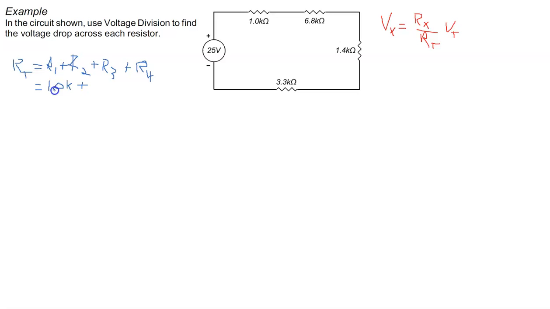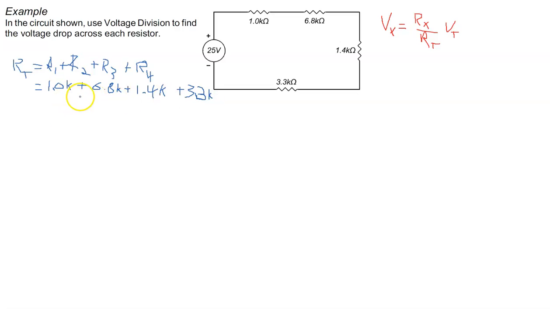And there is my decimal in there, it's not very big. Plus 6.8K, plus 1.4K. And I got a problem with K's. These should be lowercase k's, but a lot of times I can't distinguish between them. They might look like uppercase K's, but kilo should be lowercase k. Not that that's a real big issue. And 3.3K.